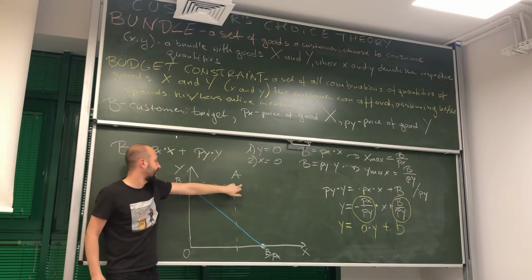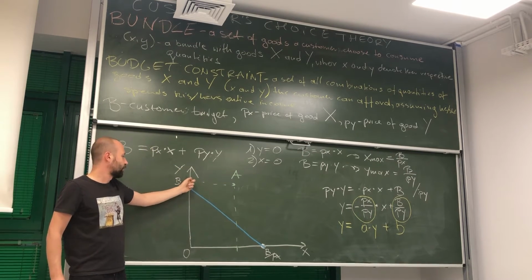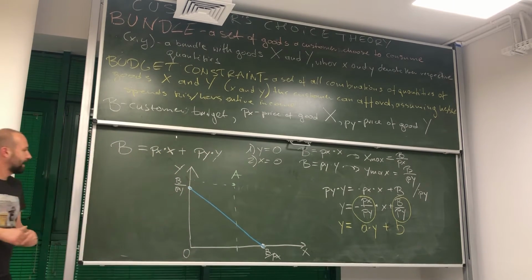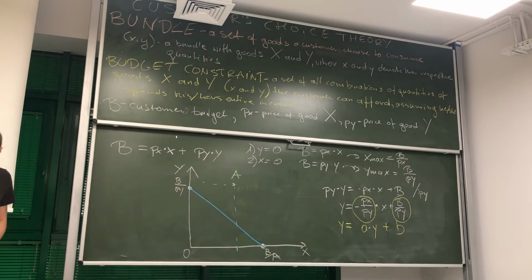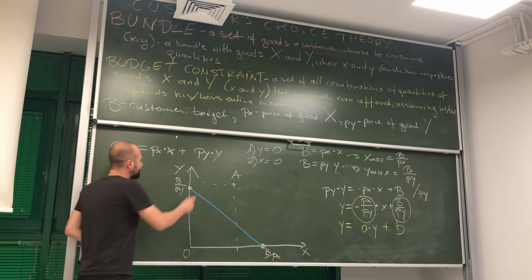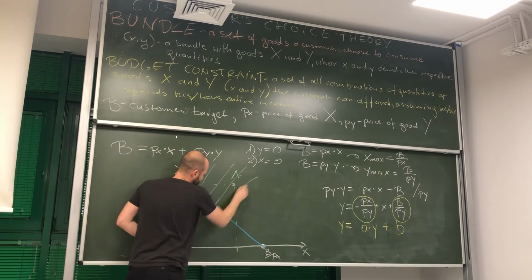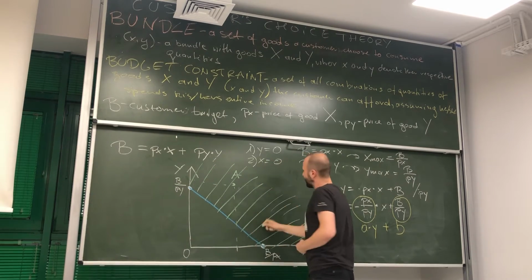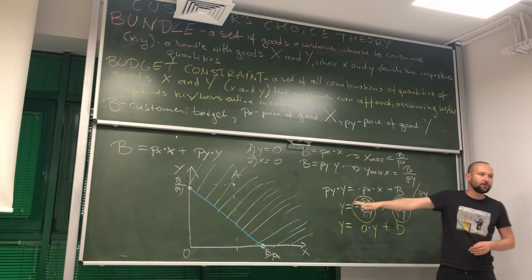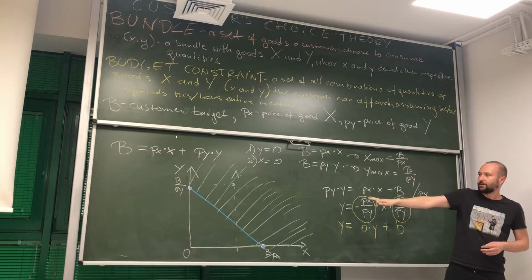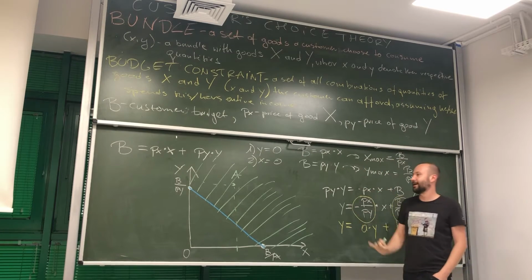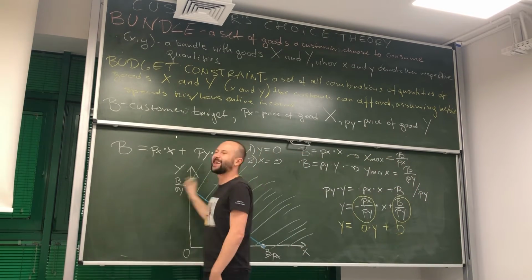And definitely will not have to purchase this much of good y and a little bit more of good x. Okay, and look, we can basically say the same thing about every point that lies over here. Here, we have a set of all points, so all bundles, combinations of good x and y that the customer cannot afford.